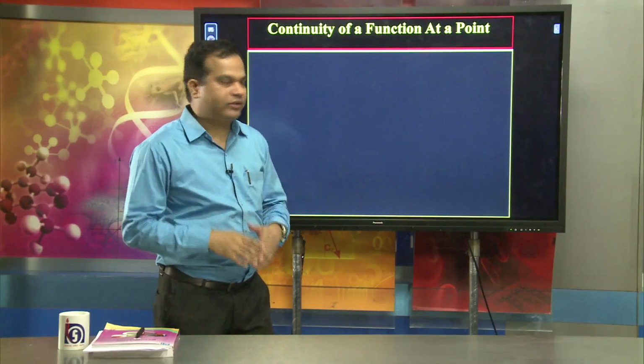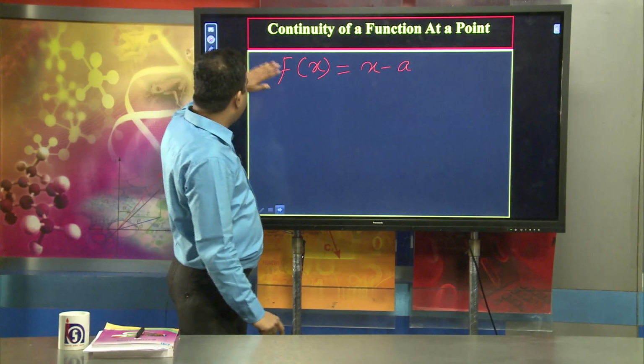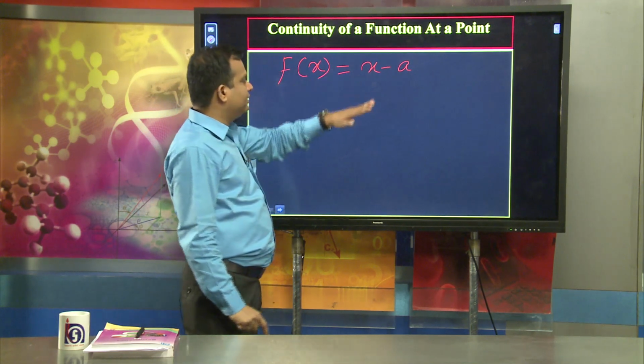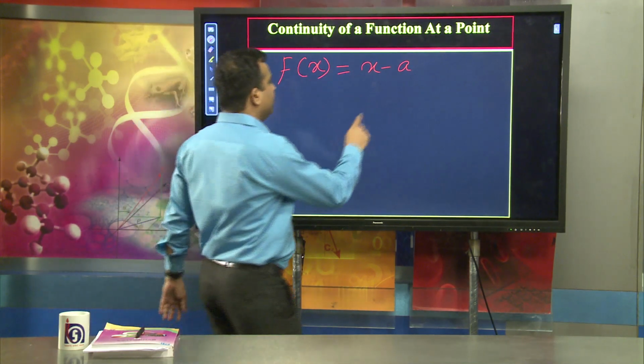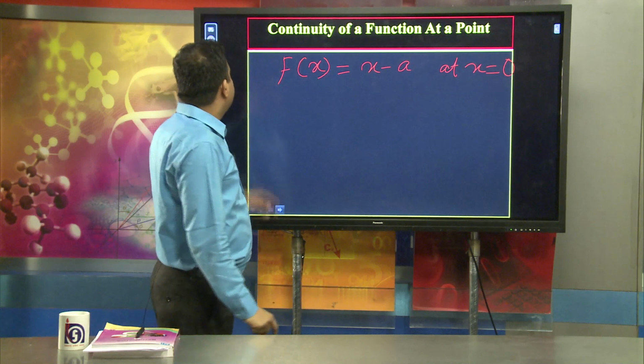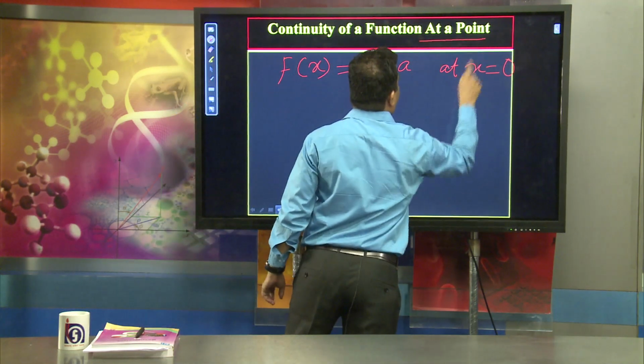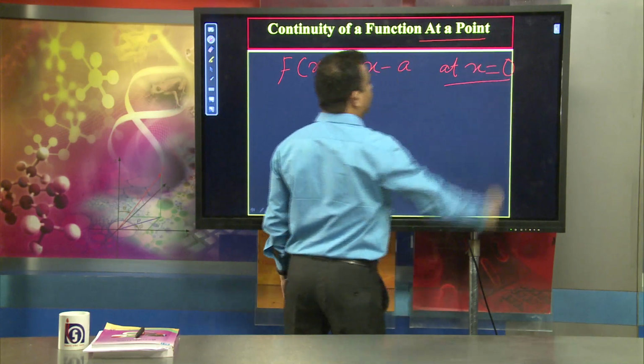Suppose we take a function f of x equal to x minus a. The function is continuous at x equal to 0. So when talking about continuity of a function at a particular point, that point is x equal to 0.